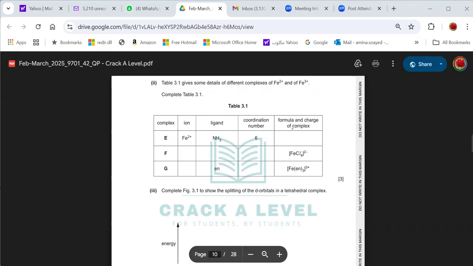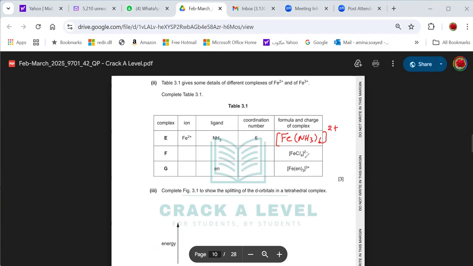So the formula and charge of the complex: we have Fe, and since the coordination number is 6, it means that 6 ammonia molecules reacted with the iron, donated their lone pair of electrons to it. And as ammonia is a neutral ligand, the positive 2 charge of the iron plus 2 remained.